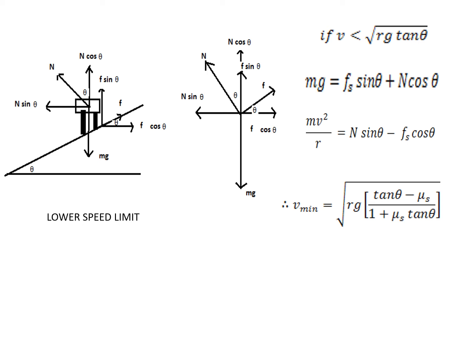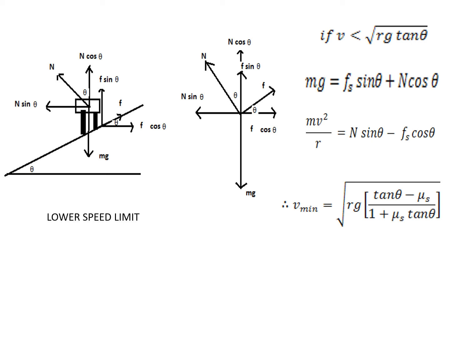So for the lower speed limit, we can set up the equations as mg is equal to fs sin theta plus n cos theta, and mv square upon r, that is the centripetal force, will be given by n sin theta minus fs cos theta.